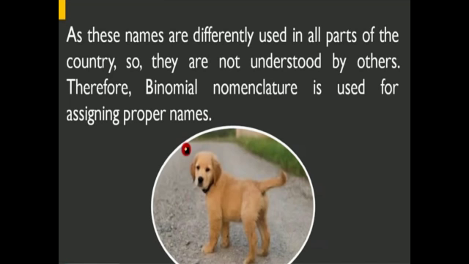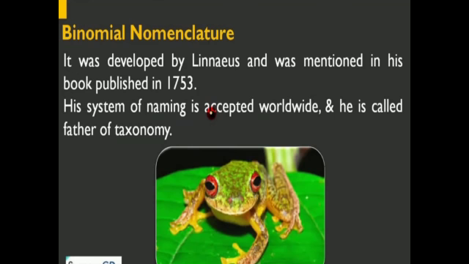Similarly for organisms, we provide a scientific name which will be understood by every person in the world. The scientific name for an organism is thus unique and can be used to identify it anywhere in the world.